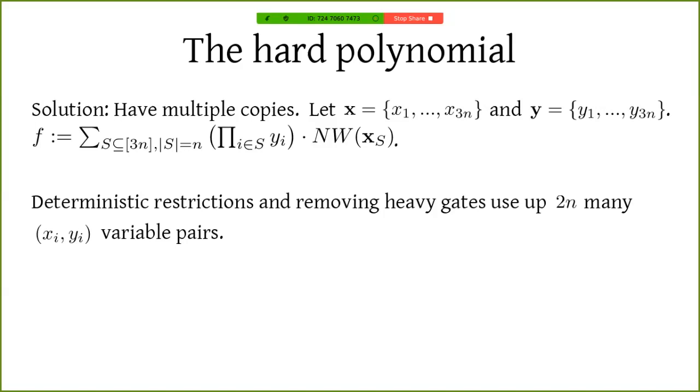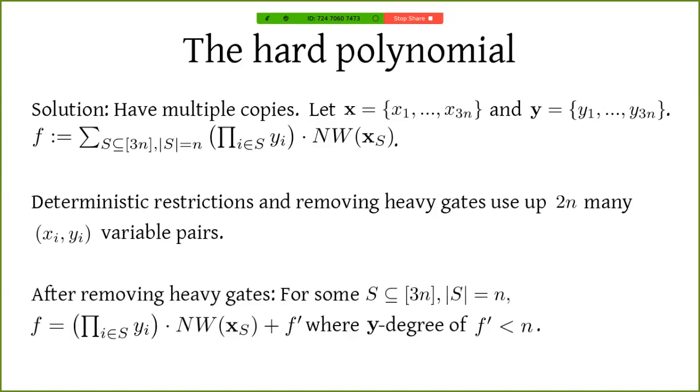Because of this and our use of deterministic restrictions, we are easily able to show that after we have removed heavy gates from the circuit, the polynomial f computed by the circuit contains one intact copy of a Nisan-Wigderson polynomial along with its corresponding prefix in y variables plus a residual polynomial f prime whose y degree is strictly less than n.